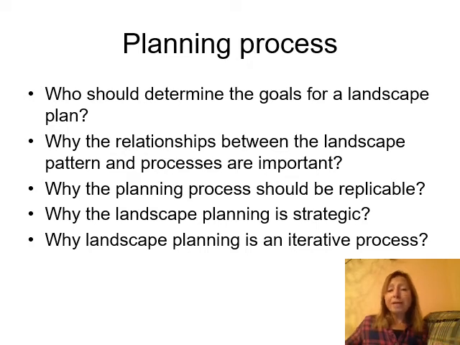Also, why is landscape planning always strategic, and what kind of strategies should we use as we are developing our planning project? And finally, why is landscape planning an iterative process? There are multiple layers, multiple temporal iterations. So you might think that we're approaching the goal, but then this is actually time to reevaluate if implementation is actually working, and we sort of start the process again at the next level.